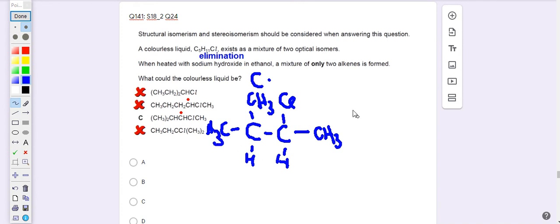We will remove Cl and then one hydrogen from the adjacent carbon. I think I better show display formula on this side also. I would like to change the position of this so that it's easier for you to look at it.